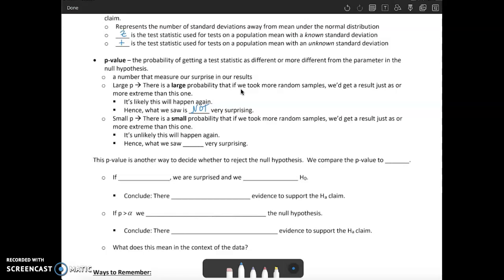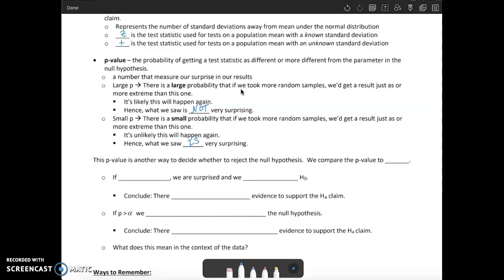However, if you get a small p-value back, what that means is that there is a small probability that if you took more random samples, you'd get a result just as or more extreme than this one. So it's unlikely that what we just saw would happen again. Hence, what we saw is very surprising.